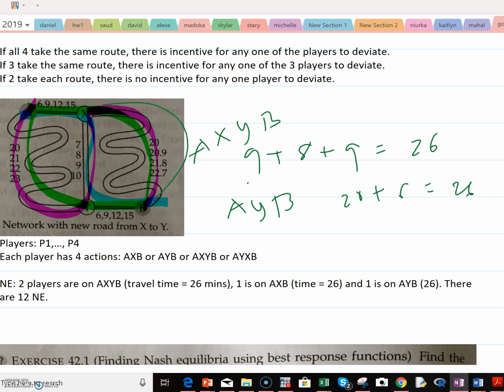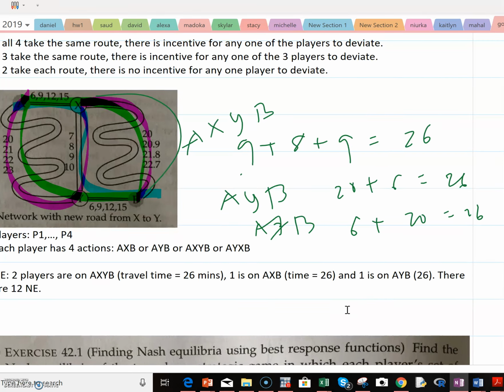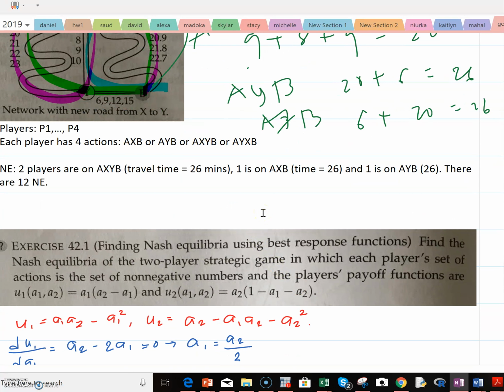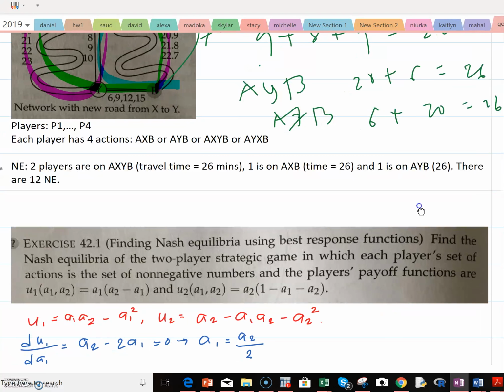And then the other one going through the AXB route will have a travel time of 6 plus 20, which is 26 as well. These are the lowest possible times that you can think of. And here you can see easily that no one has the incentive to deviate, and so that's the Nash equilibrium.